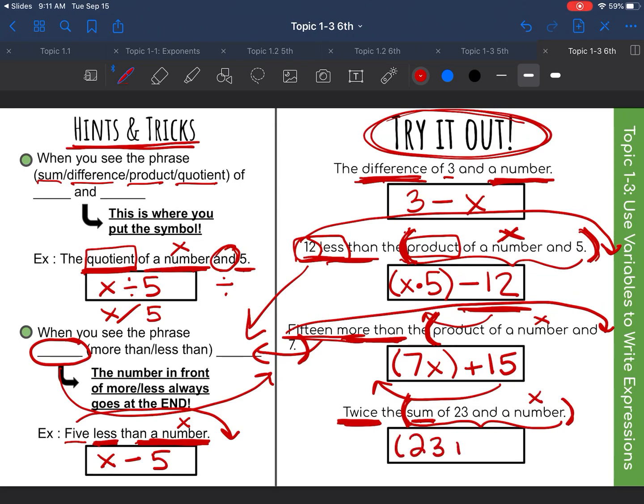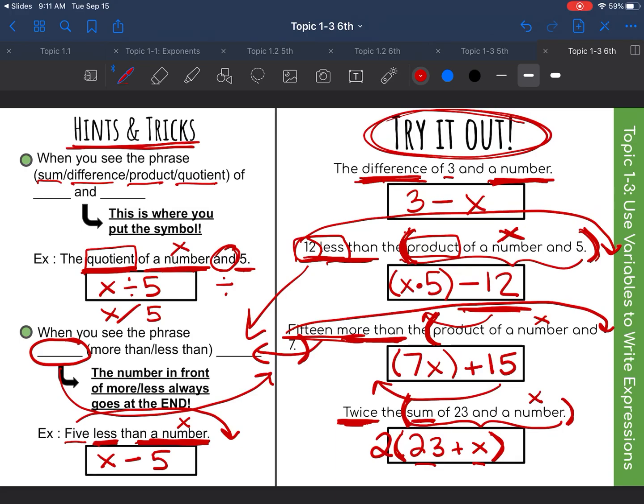So we have 23 plus X represents the sum of 23 and a number, and then twice that. So we can do 2 times that, or again, we learned other ways. We can do 2 dot, and then the parentheses, or the last way we learned, we can just smush that 2 on the outside of this parentheses. And again, the parentheses just help organize.